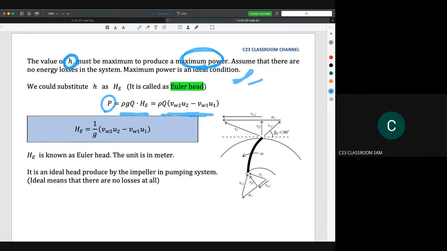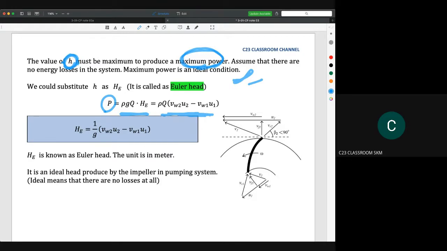As you know, a pump is connected with pipes and so on, and in a pipe for sure there is major loss. That's why I said it is impossible for us to operate a pump without any losses.